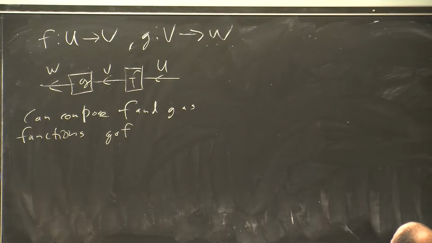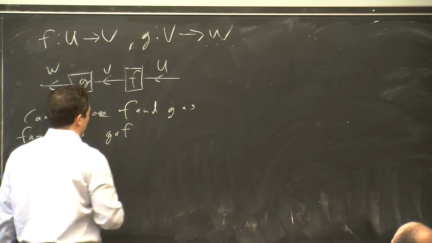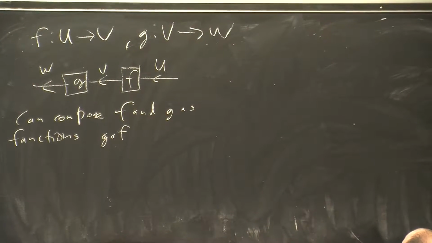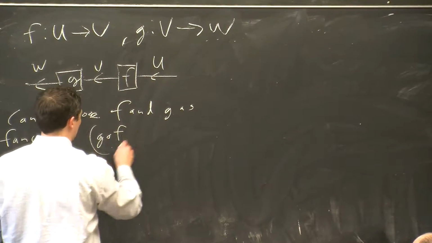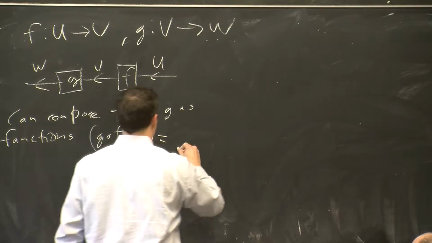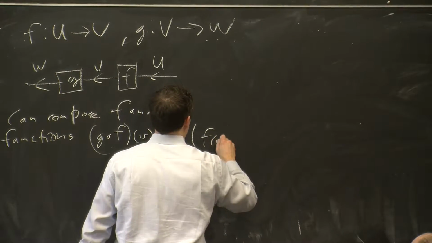And how is g composition f defined? As just a function of sets. I mean, we just define it by saying you apply f and you apply g, right? g of f of v.